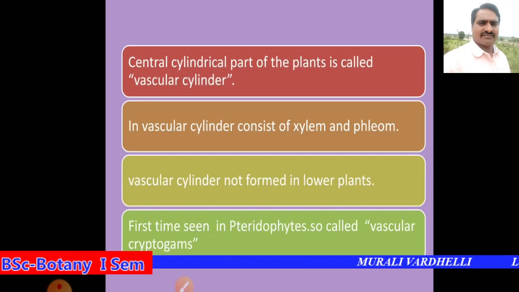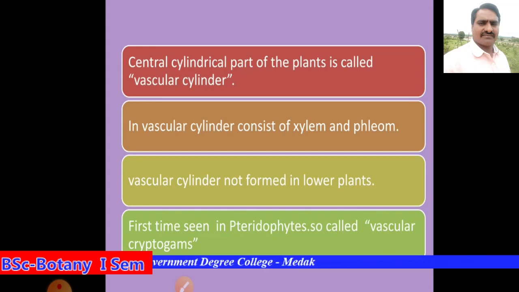But for the first time, vascular tissue is seen in pteridophytes. So pteridophytes are called vascular cryptogams. What is a cryptogam? These are the lower plants. Cryptogams do not have any seeds; they reproduce only with the help of spores.